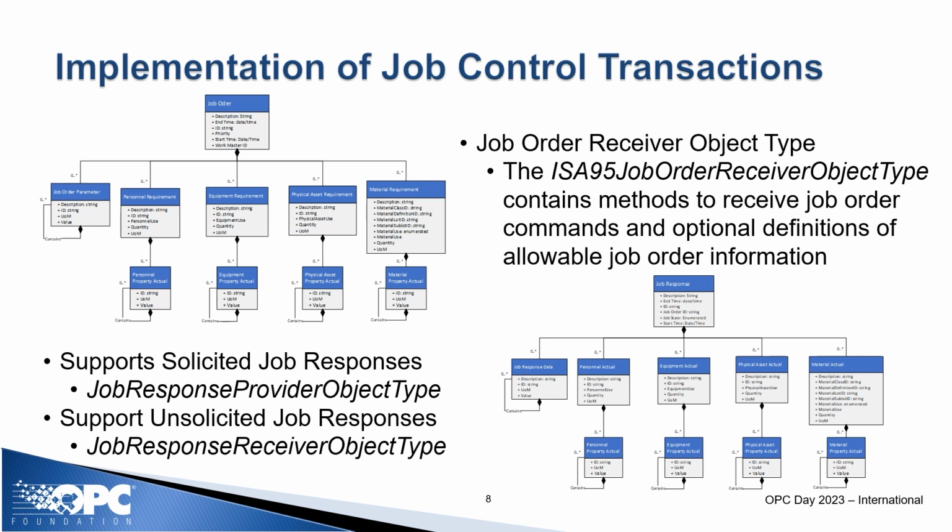But we had both of those situations that we had to look at, both a solicited response that says, give me the data, and an unsolicited one that would be sent whenever the underlying piece of equipment actually finished.